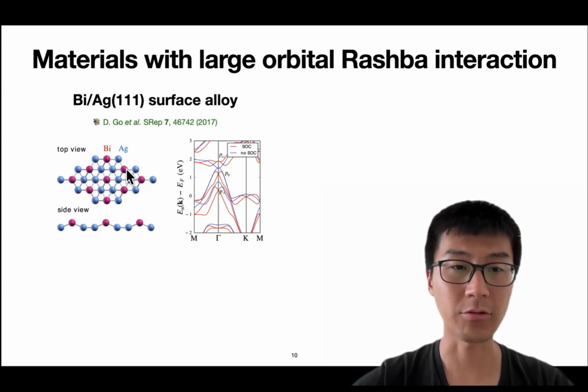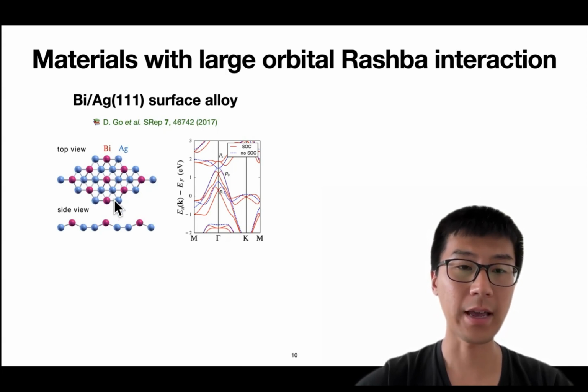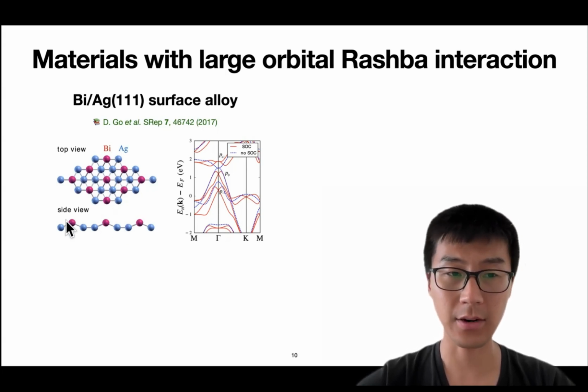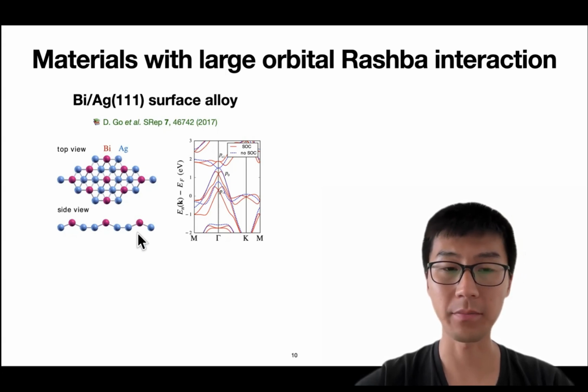in a supercell structure of square root 3 times square root 3. And because silver atoms are smaller than bismuth atoms, the bismuth atoms are a bit corrugated from the surface. And this corrugation has a very strong impact on the symmetry breaking, leading to orbital hybridizations, breaking the mirror symmetry.